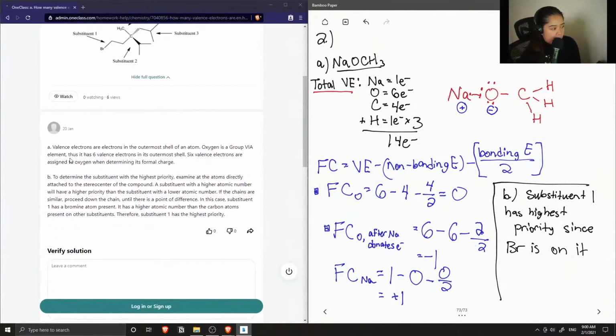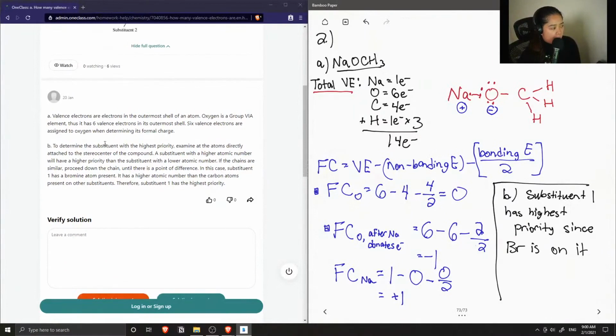Okay, so the junior tutor said there are 6 valence electrons for oxygen when determining formal charge. And for B, to determine the substituent with the highest priority, examine the atoms directly attached to the stereocenter of the compound. A substituent with a higher atomic number will have a higher priority than the substituent with a lower atomic number.